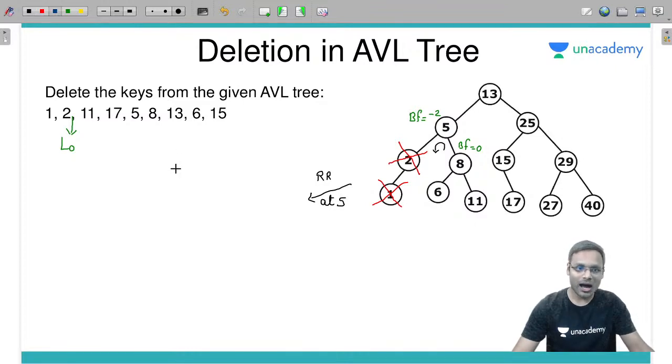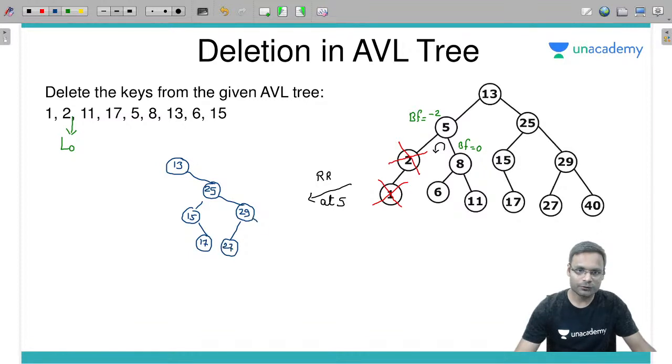Once we do RR at 5, 13 will be as it is. Its right subtree will be as it is: 25, left 15, right 17, 25's right as it is 29, in the left we have 27, right 40.